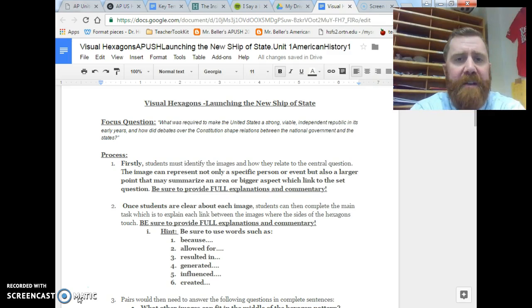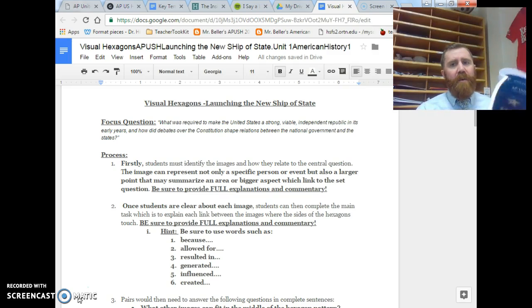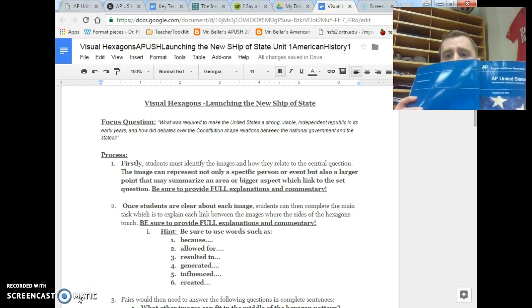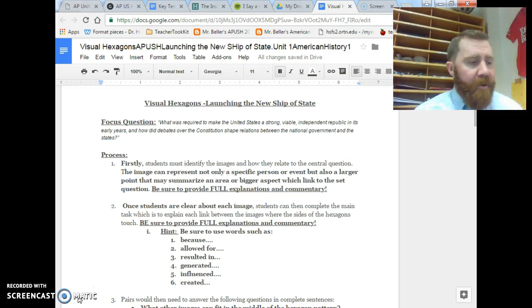The historical thinking skills that we're going to really focus on will be, of course, argumentation. According to the College Board Curriculum Framework, argumentation is to articulate a defensible claim about the past in the form of a clear and compelling thesis that evaluates the relative importance of multiple factors and recognizes disparate, diverse, or contradictory evidence or perspectives.